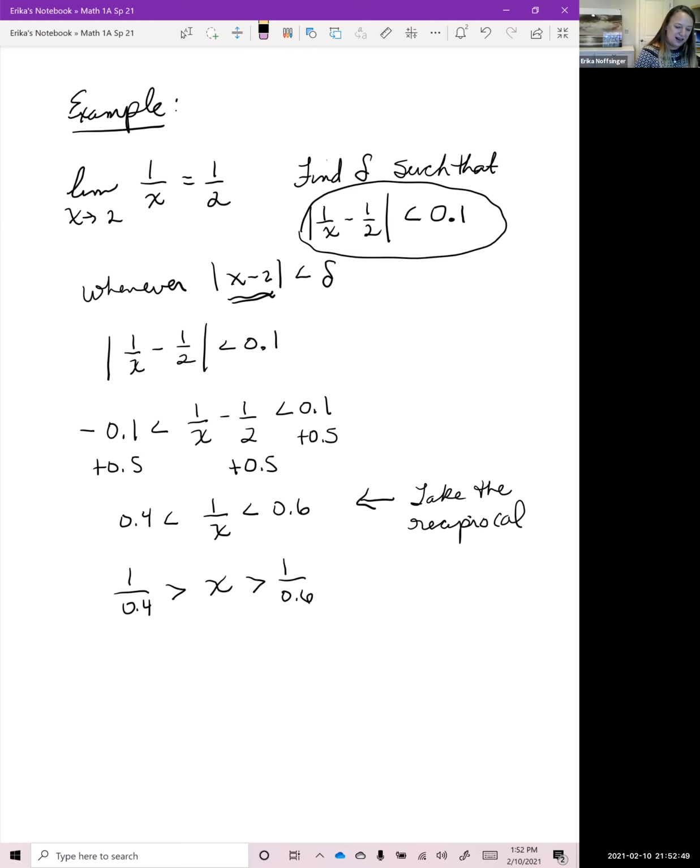So let's rewrite it. I don't like it set up like that. So let's rewrite it as 1 over 0.6. I don't want to just change that into decimal form.